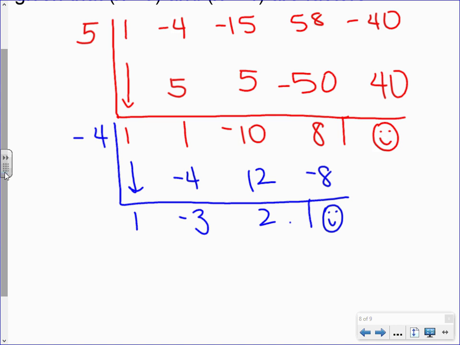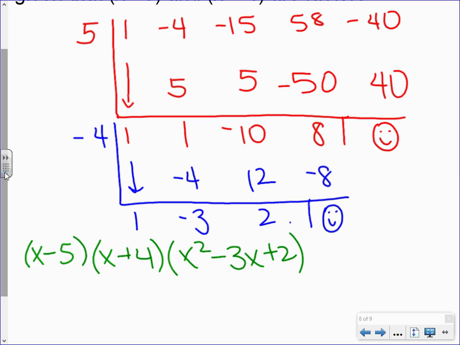So this is what we have. We have x minus 5 is a factor. X plus 4 is a factor. What degree of polynomial is this? It's a second degree polynomial. X squared minus 3x plus 2.